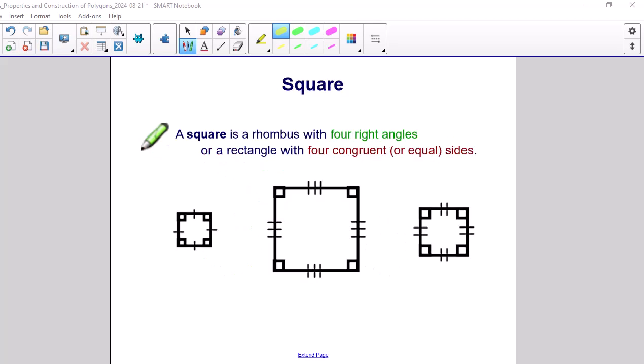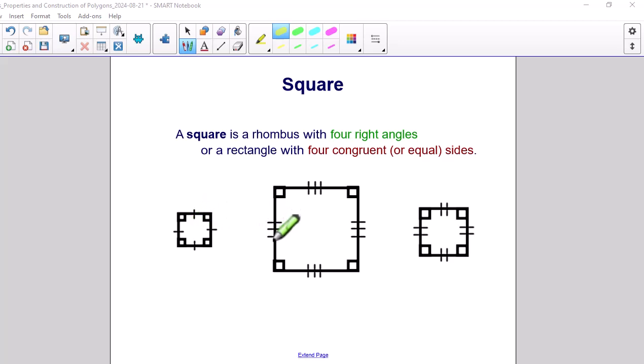A square is a rhombus with four right angles or a rectangle with four congruent or equal sides. So we'll notice by the markings in all three of these squares, they all contain right angles, and all right angles are congruent to each other. We also notice by the markings that all four sides are the same. The single marking means that all four of these sides are the same length.